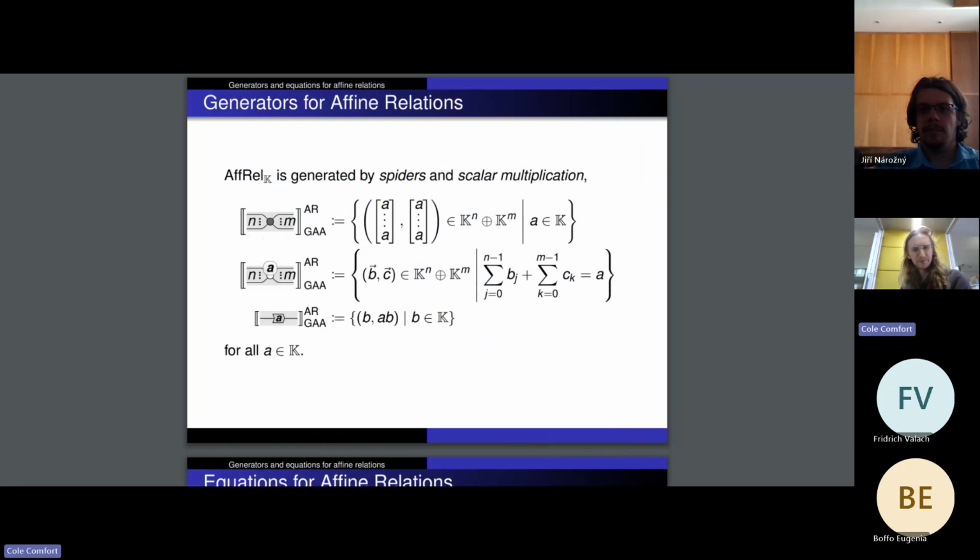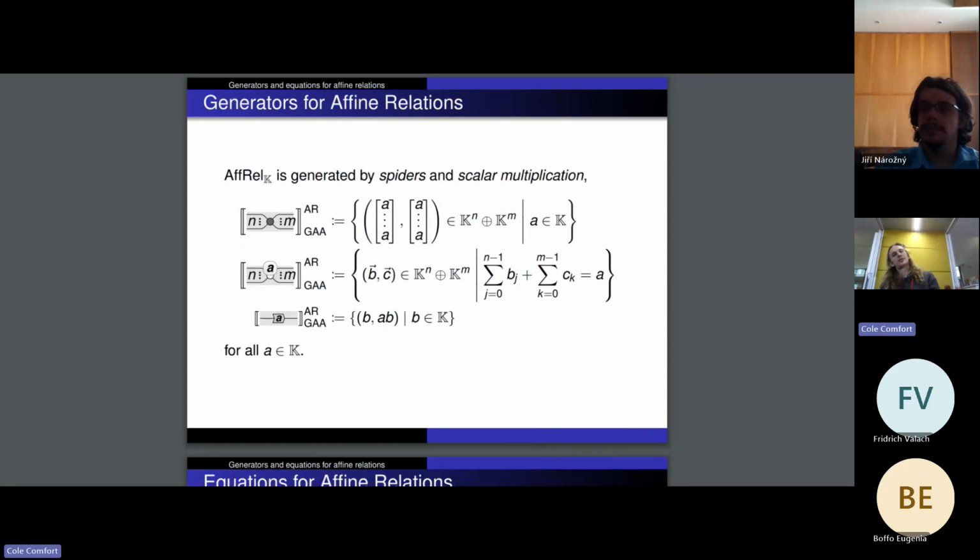So this is like a Dirac delta. And then what this white colored spider with this label A does is it sums both of the sides and asks that they're equal to A. So this is your affine behavior because A here is a constant. And then you have this other generator which multiplies.